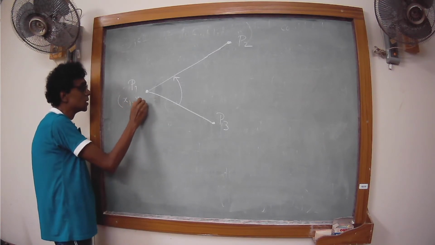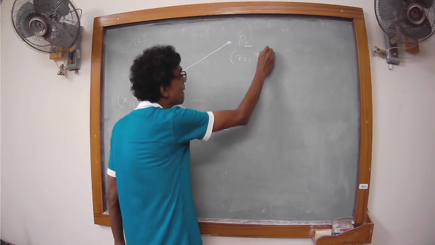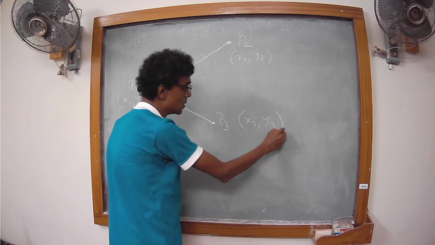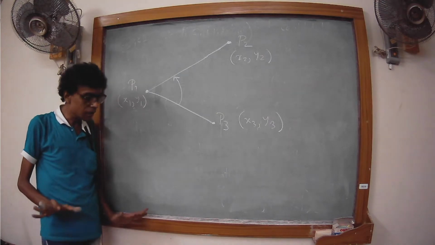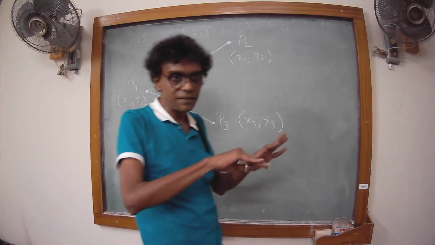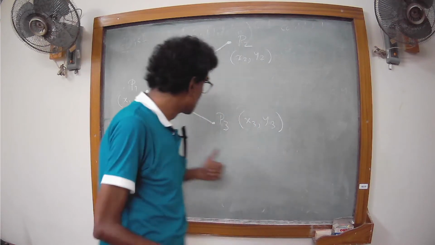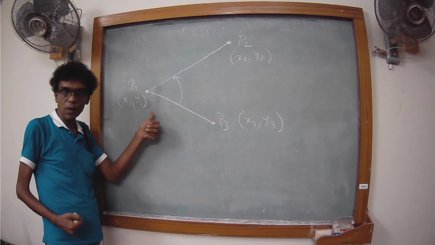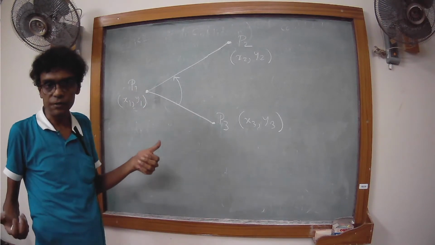So let us say this is x1, y1, this is x2, y2, this is x3, y3. First I do one thing. I give a translation of these 3 points, or for that matter the entire plane, by the quantity minus x1, minus y1, so that now P1 becomes the origin.